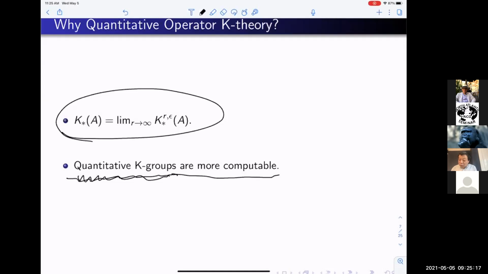Now for the usual K group, in order to do cutting and pasting in the sense of algebraic topology, you would have to use exact sequences. In order to use exact sequences, you would need ideals, I mean, the concept of subspace.